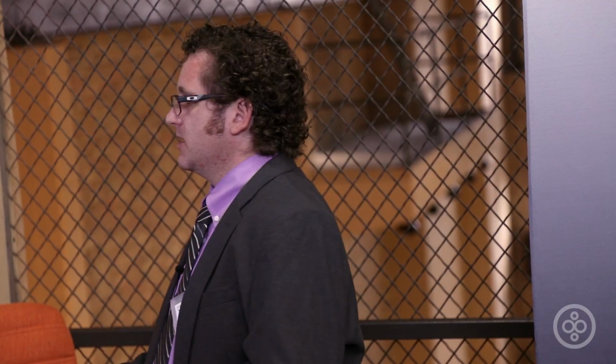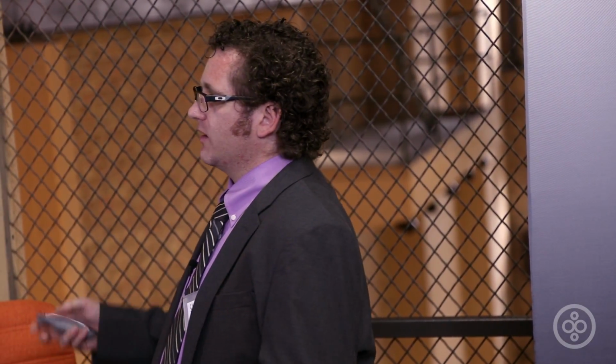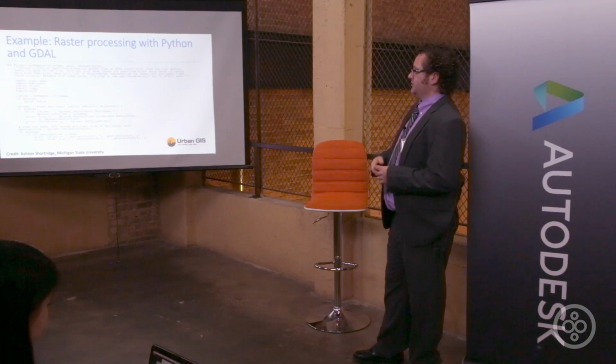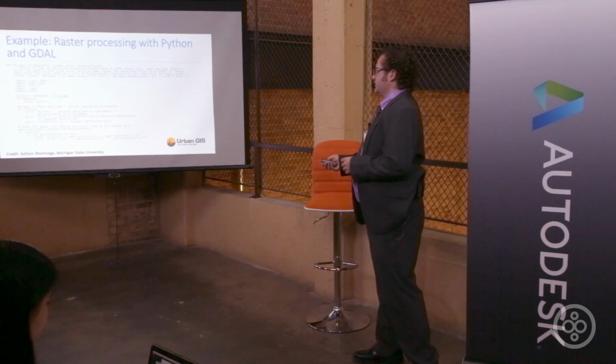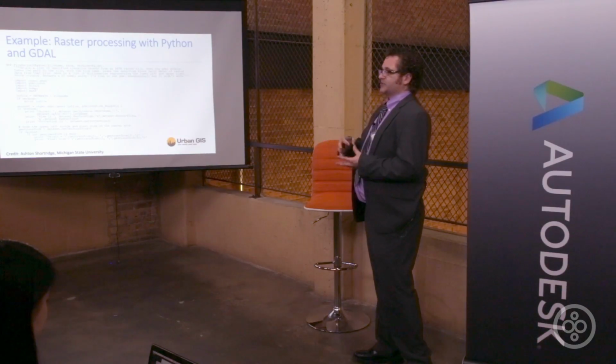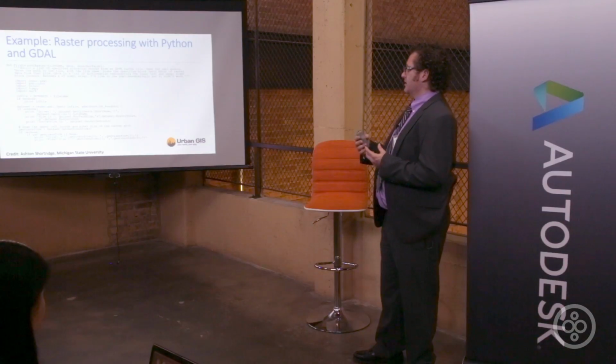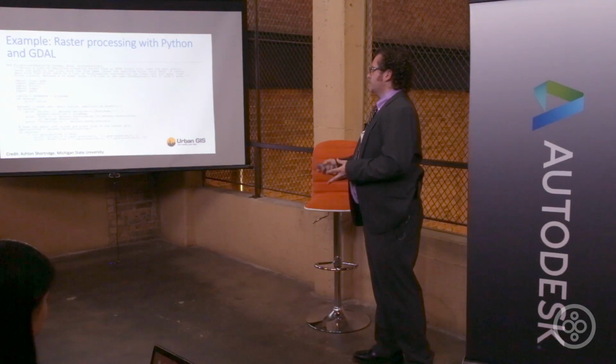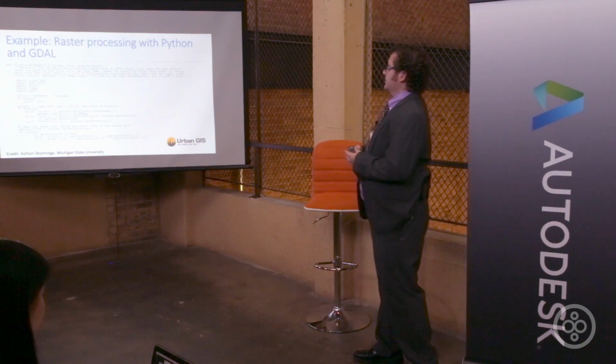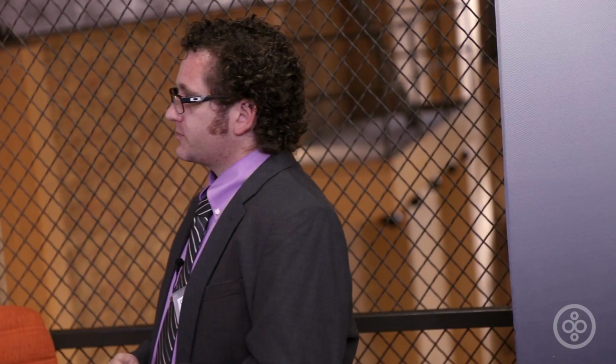I won't go through this in detail, but basically we loop through all of the files and first read them in using GDAL. That allows us to extract the information from the GeoTIFF and represent those values in a three-dimensional array, where we have x, y, and then elevation as our third dimension.